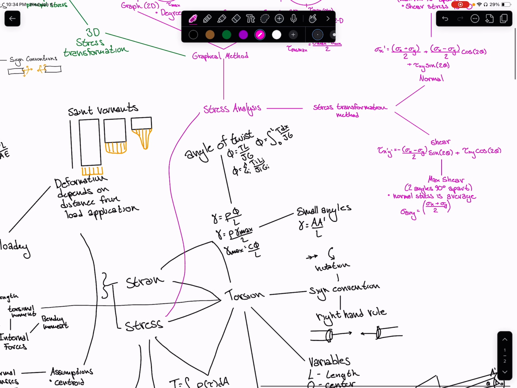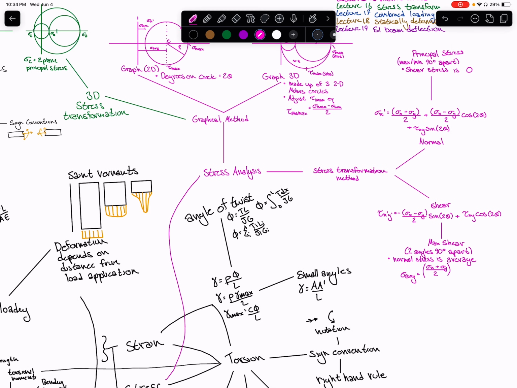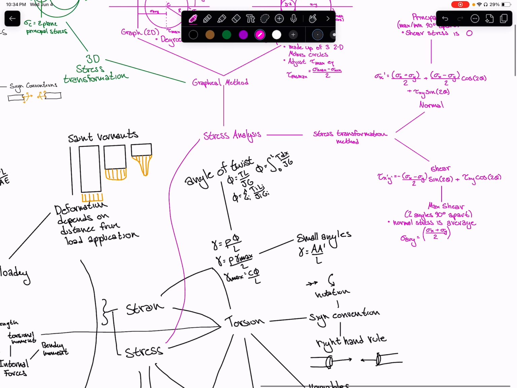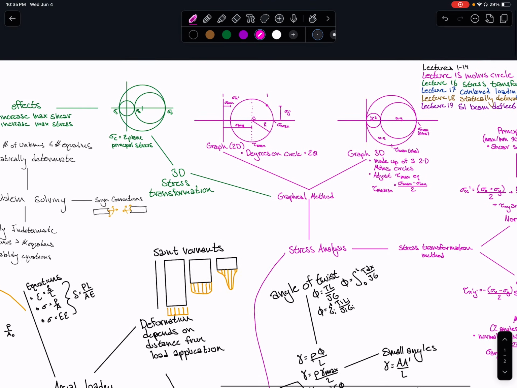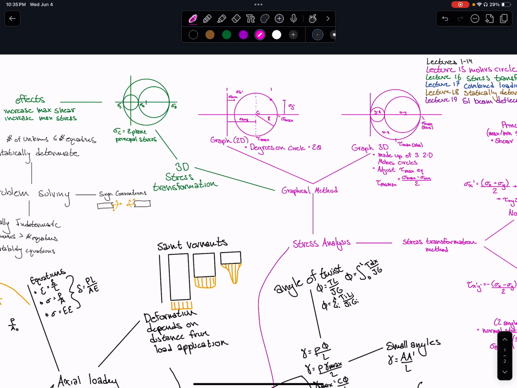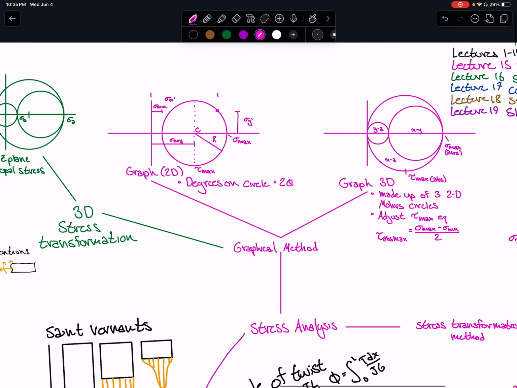So next we look at shear, and we see that there is a max shear. Unlike the principal stress, at the point of max shear, the normal stress is at average. So moving on to the graphical method, we can see basically this same strategy put into a graph and made easier. We have a center point, which is located at the average stress.